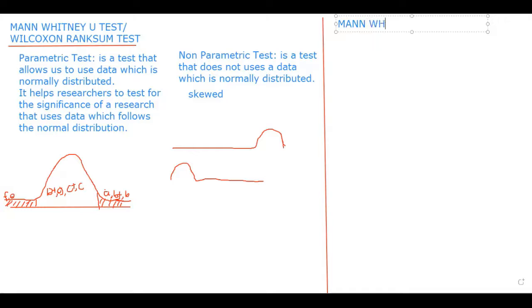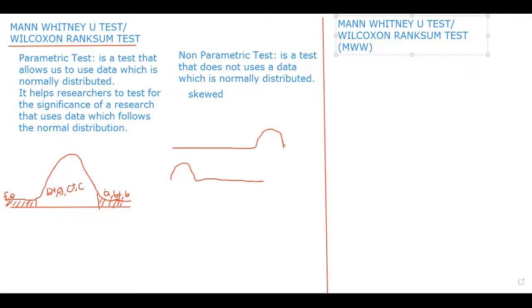In other books, they'll be writing Mann-Whitney Wilcoxon U test. So you see this abbreviation, MWW. You get it?